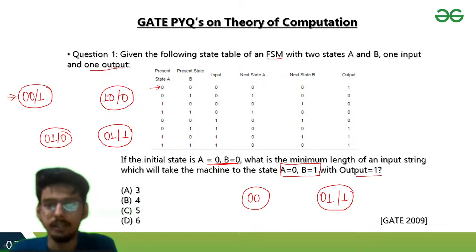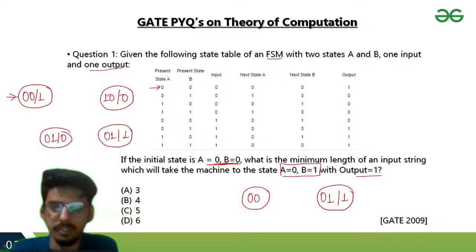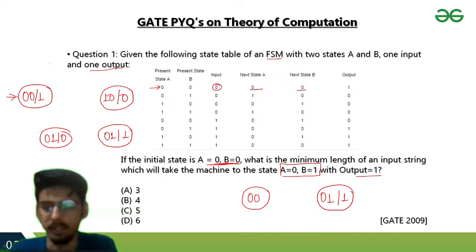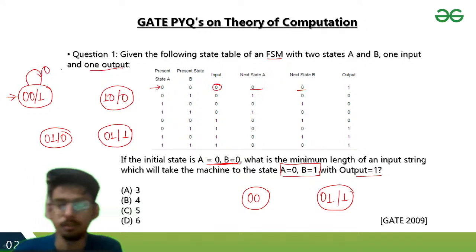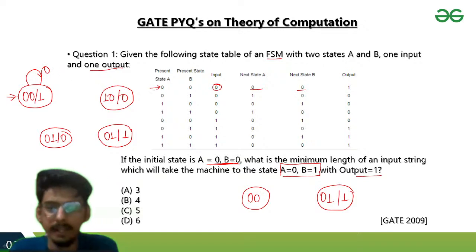When I see the input 0, I go to the next state a equals 0, b equals 0 and the output is 1. So if I see the input as 0, I go to 0 0 and the output is 1. Now let's check this state. Similarly, I'll go step by step.